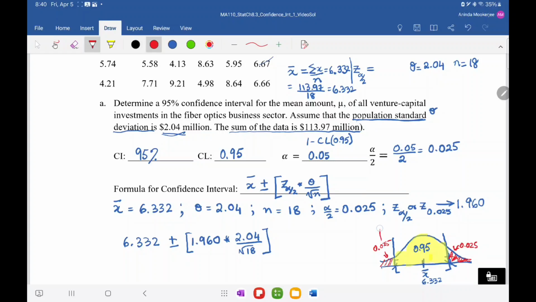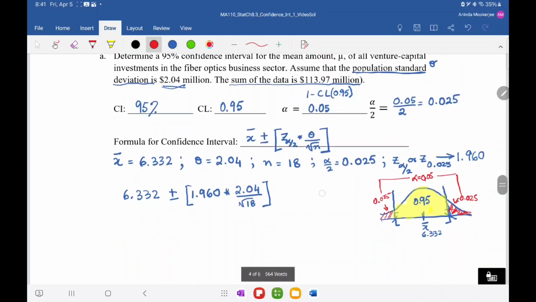Together, the two unbounded areas would be alpha equals 0.05. Alpha represents the total unbounded area, the area outside the interval, and when we divide it into two, they represent the area on each side of our diagram. Okay, so let's go back to the problem now.